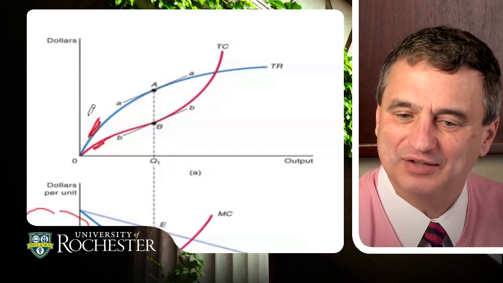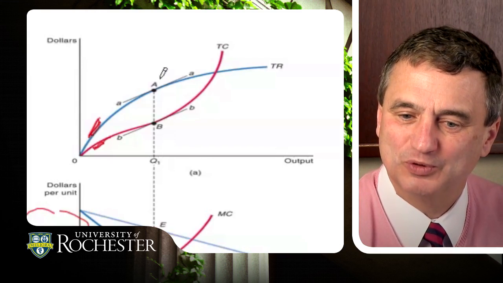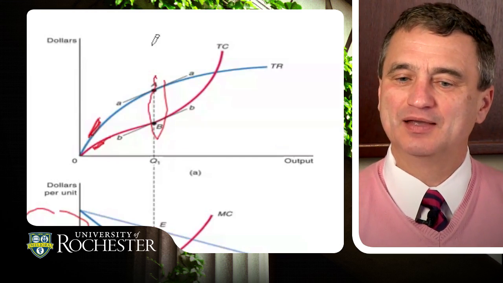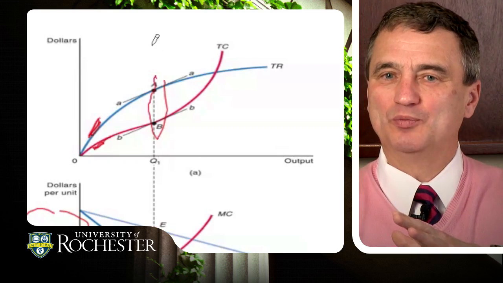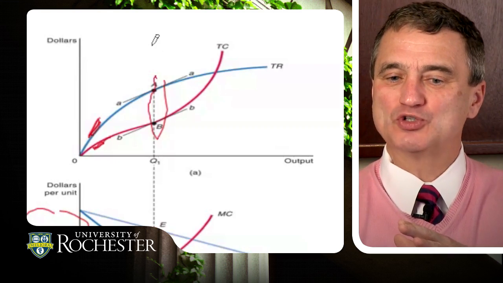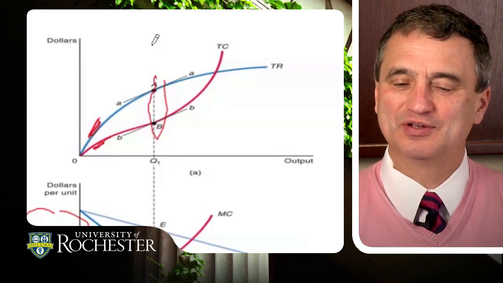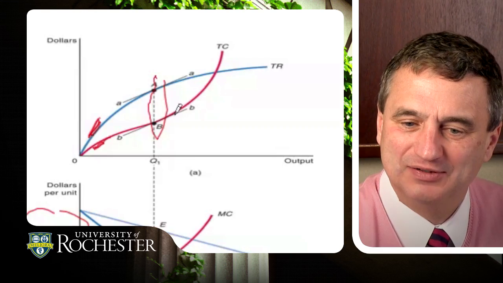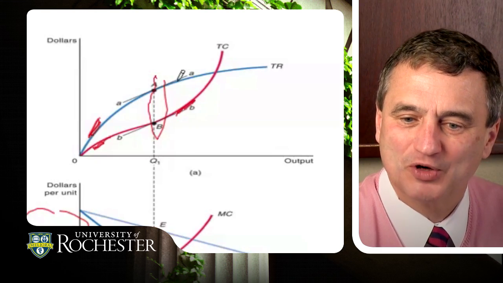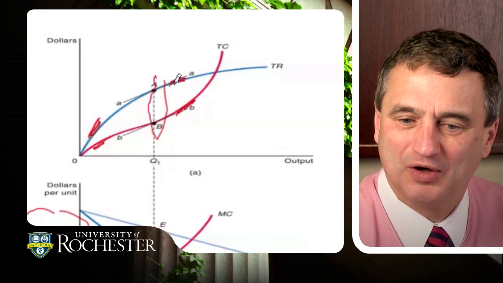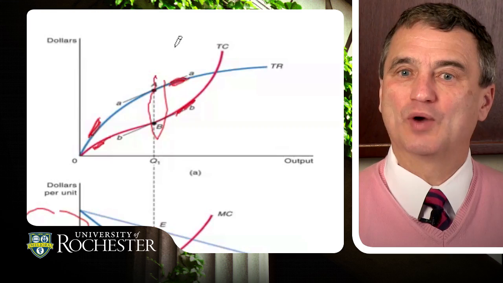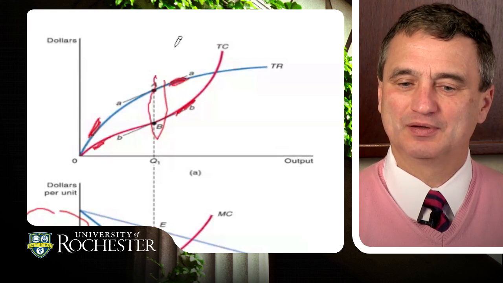Profits are maximized, the height difference between those two curves is maximized, distance AB, when the slopes are just equal. When the slope of total revenue or marginal revenue equals the slope of total cost or marginal cost. And after that point, the height difference starts constricting because marginal cost, slope of total cost, starts being greater than slope of total revenue or marginal revenue.